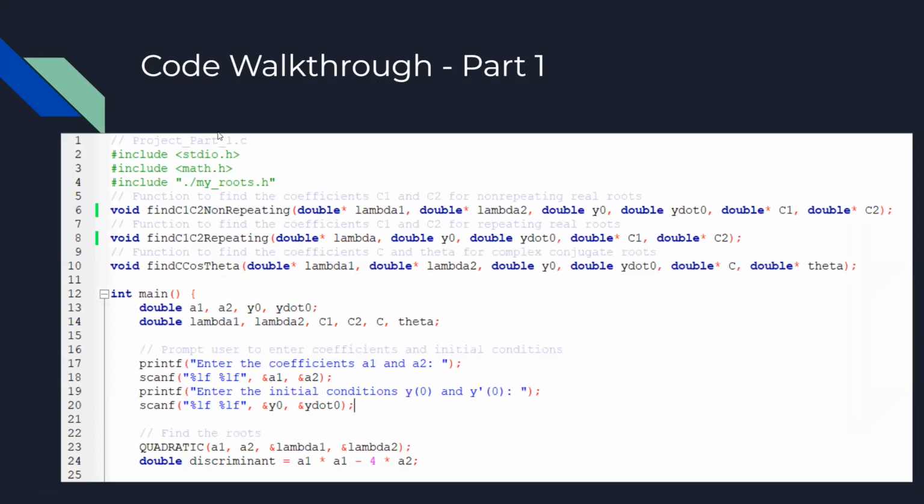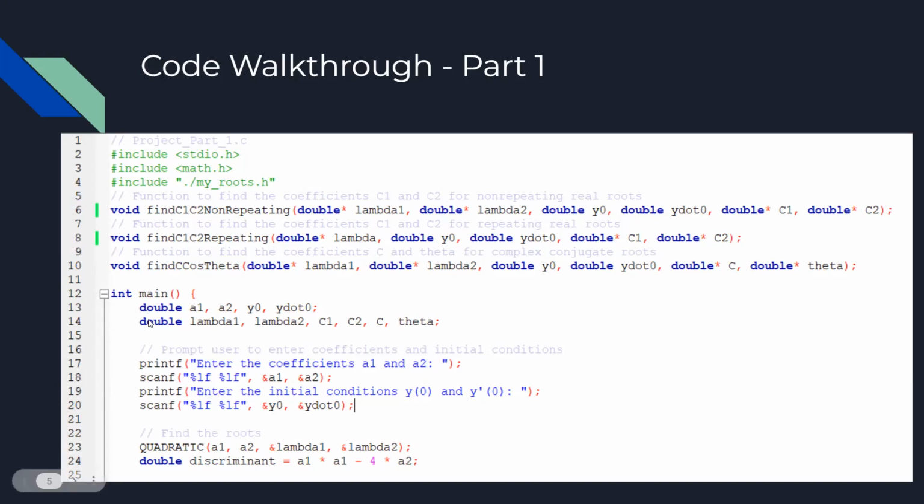Now for part 1 of the code, as you can see, I included my roots here. And then I defined my 3 user-defined functions, which also take arguments but don't return any value. They also employ the use of the lambda pointers, as well as 2 more pointers, C1 and C2, which are the coefficients of the characteristic equation.